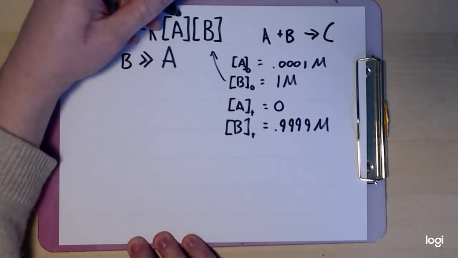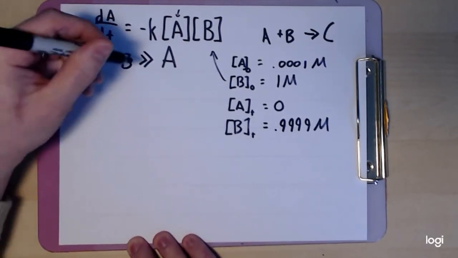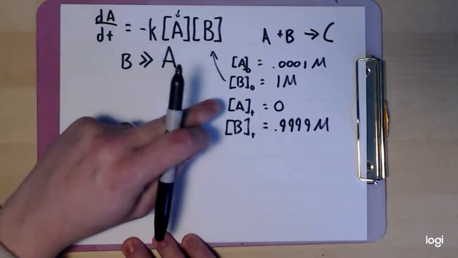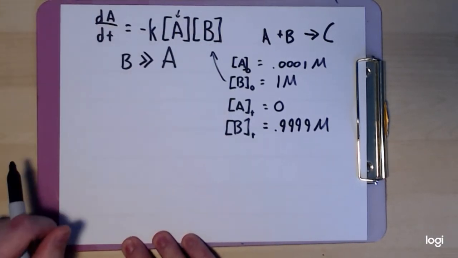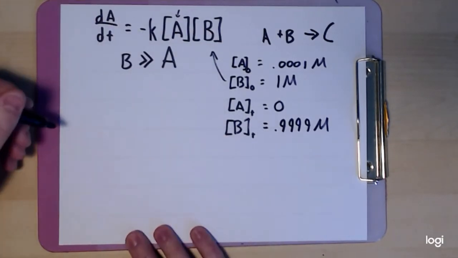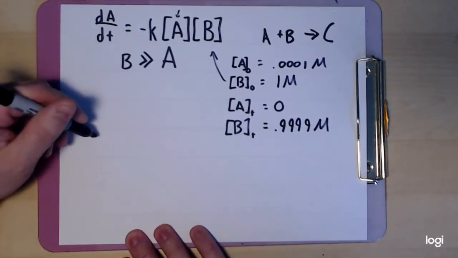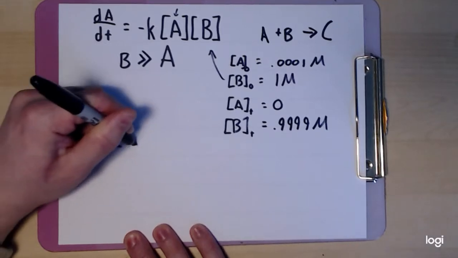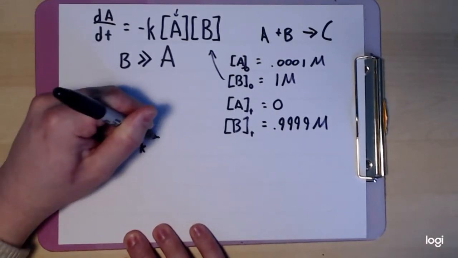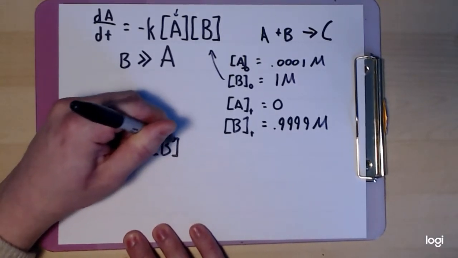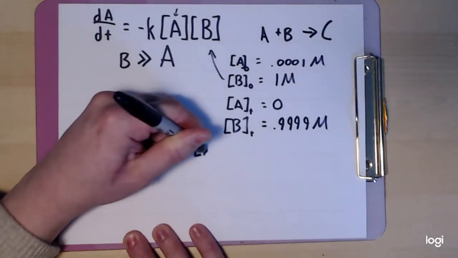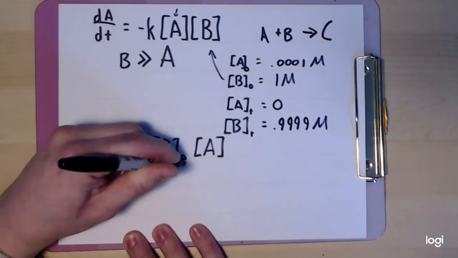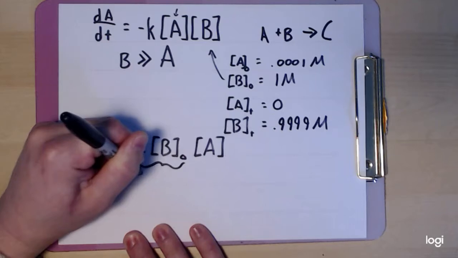It's only dependent on one variable here, A. And so we can rewrite this second-order mass action expression as simply a first-order mass action expression, dA/dt equals -k times B0 times the concentration of A. And again, this is now just a constant.